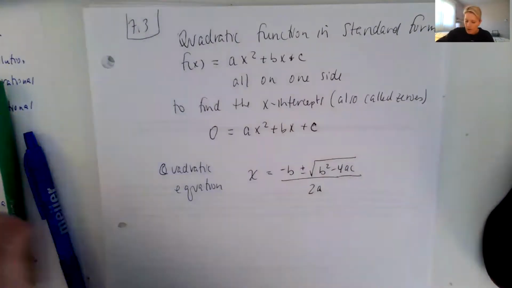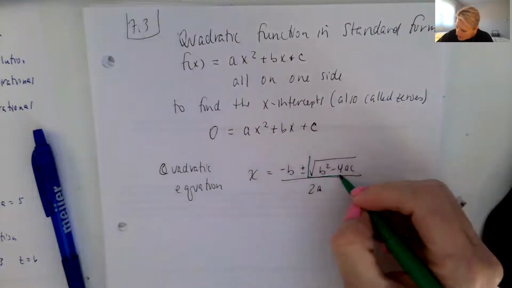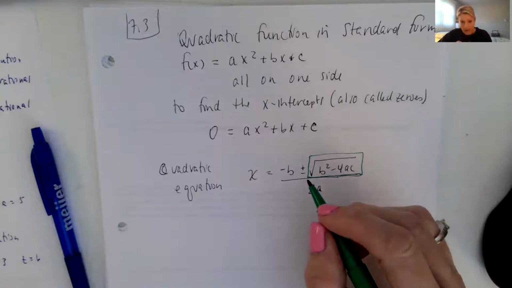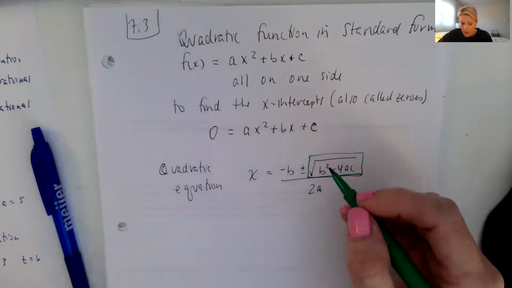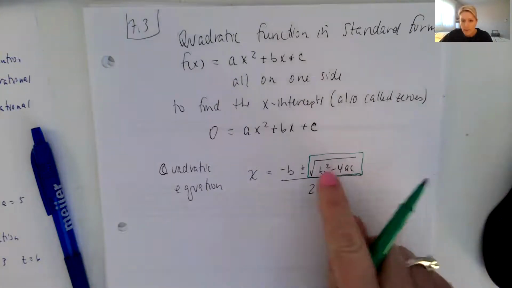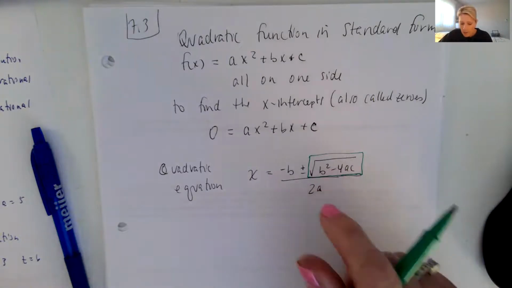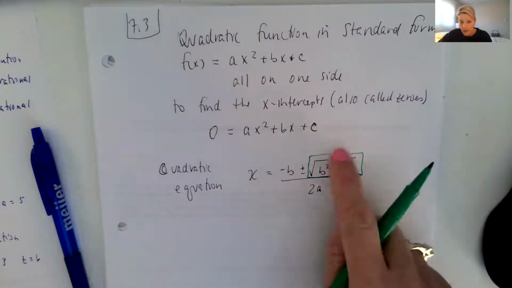So this square root piece right here is the piece that decides if we're going to have an imaginary complex answer, or if this comes out to be a perfect square root, or if we're going to have two rational answers, or just one rational answer.